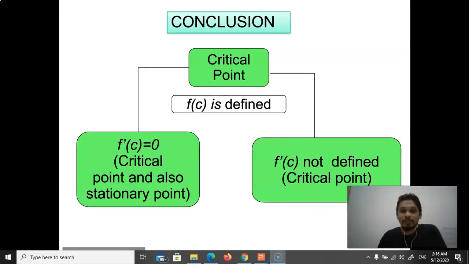So find the critical point where f(c) is defined. When f prime at x equal to c equals 0, it is a critical point and also a stationary point. But when f prime of c is not defined, then it's just a critical point.